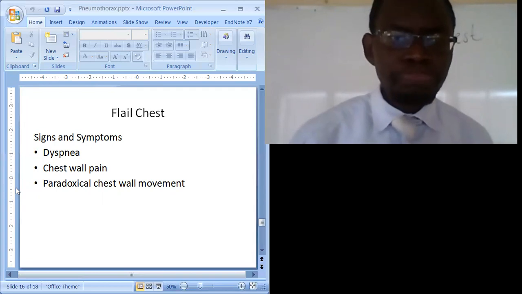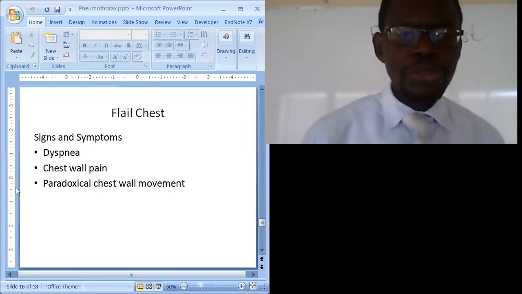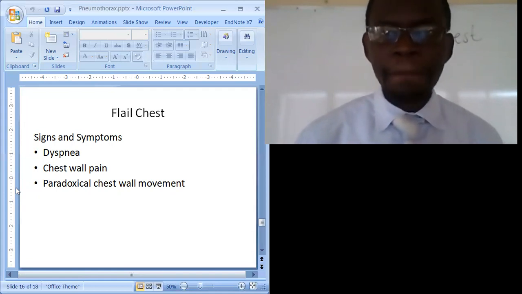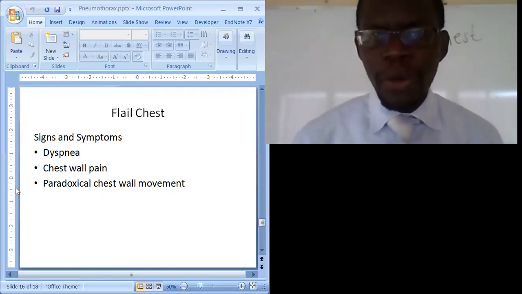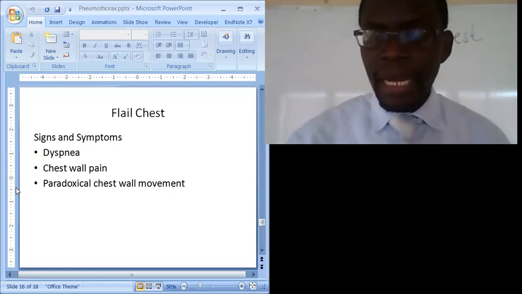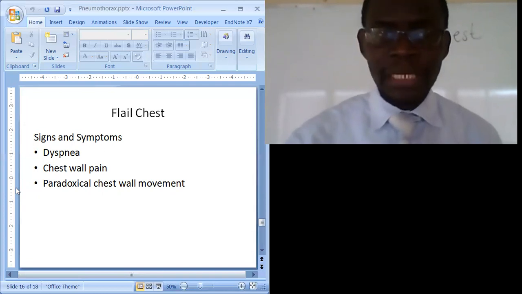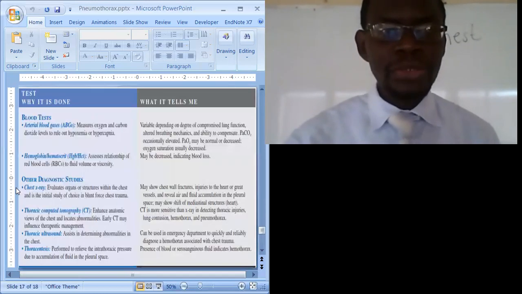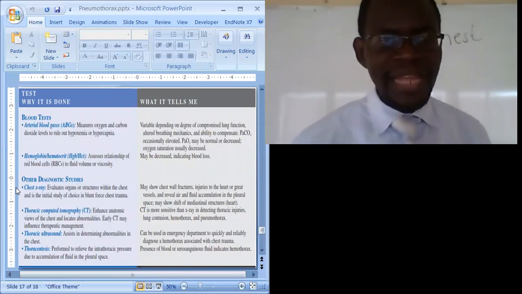Now, the other thing that I want you to know is that when we are managing tension pneumothorax or any kind of pneumothorax, we manage using a chest tube. And so we are going to look at that in a minute, but just to see some of the tests that can be done.